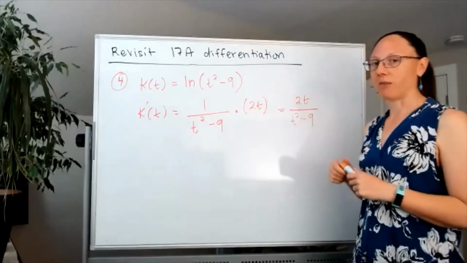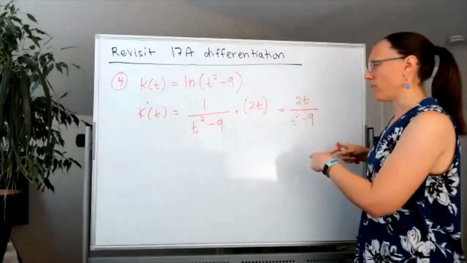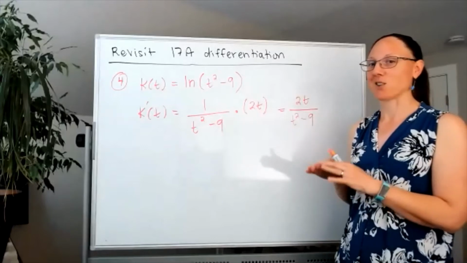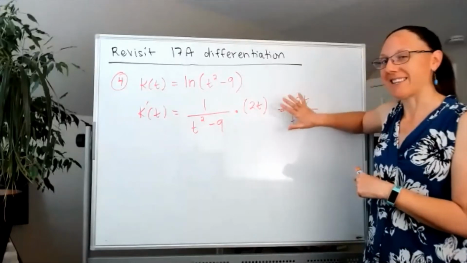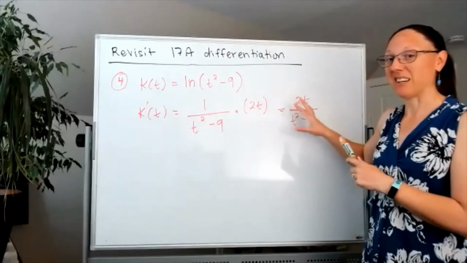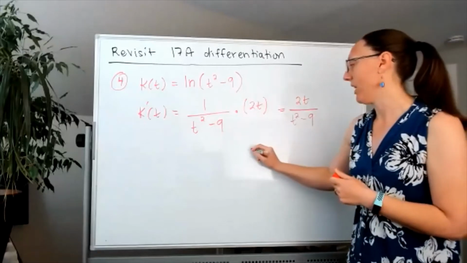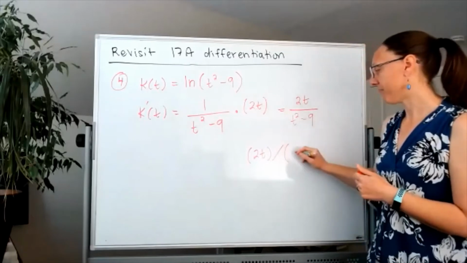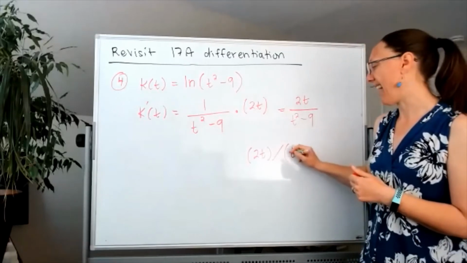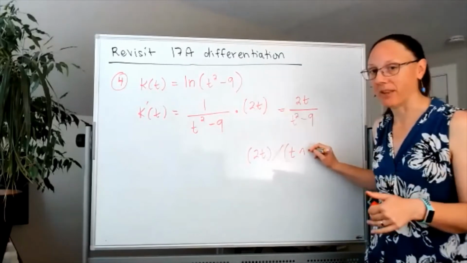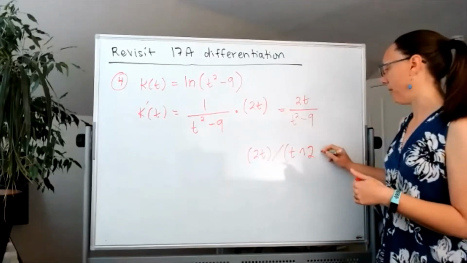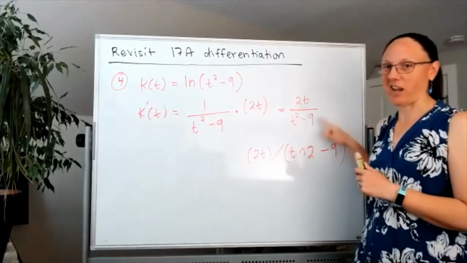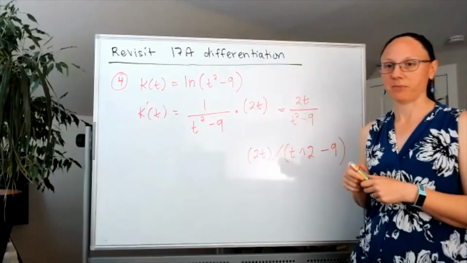But for sure, this is one of those cases where to make sure that what you're typing in is correct in WeBWorK, this is an easier way to type it, because if I were putting it into WeBWorK, I could write 2t divided by t squared minus 9 in parentheses. I still prefer the caret. Some people like the double star. But this is an easier way to type this thing into WeBWorK.